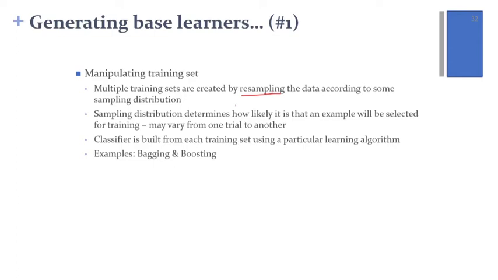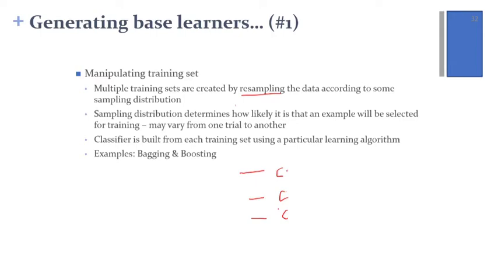Once you decide which sampling method, we generate different samples. For C1, C2, C3, we use a different sample for each one. Each of them will be trained with a different sample of the same data, but now we are resampling it.